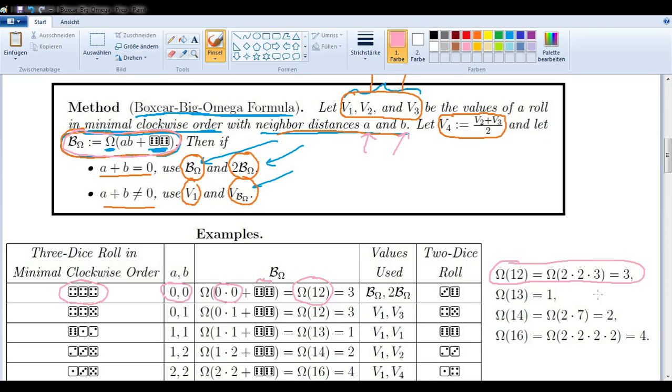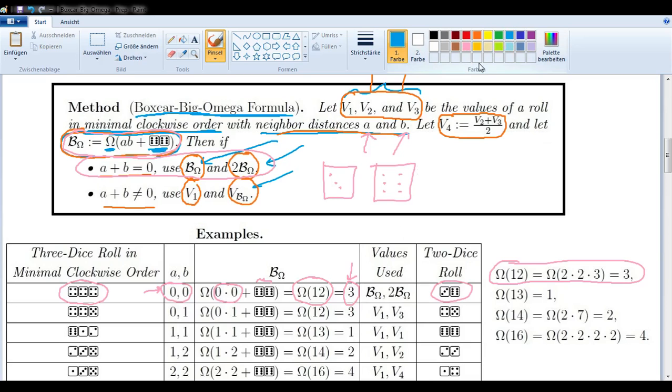That is equal to 3. So in other words, Boxcar-Big-Omega is equal to 3. And since we're in this case here, a plus b is equal to 0, right? We know that our roll is Boxcar-Big-Omega, which is 3, and then 2 Boxcar-Big-Omega, which is 6. And that's exactly what we get, 3 and 6.